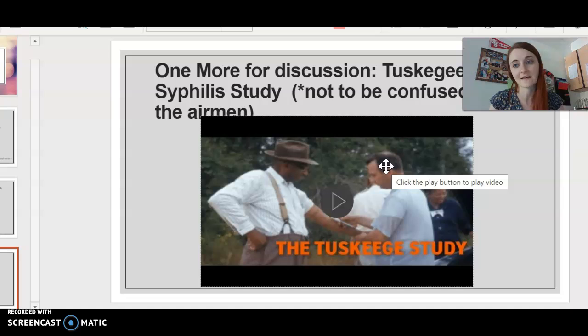It's just Tuskegee, Alabama, that is the common factor here. So just be aware of that, and that's why that note is there, just so that you don't confuse those two things. One's a horrifying experiment, the other is actually a positive thing.